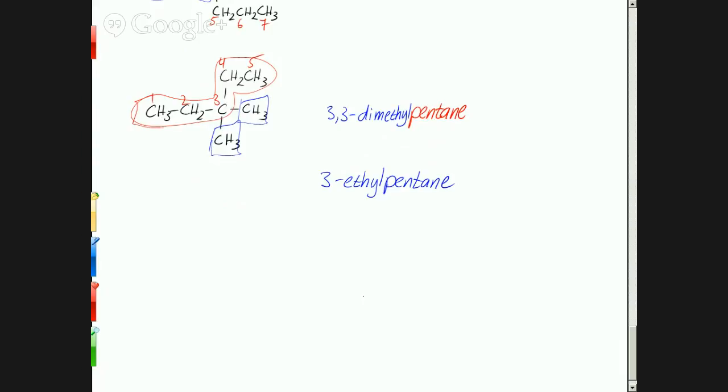So you have 5 carbons in a row, and then you get that one. That's the dimethyl. See how we can make the ethyl different. Two. Right.